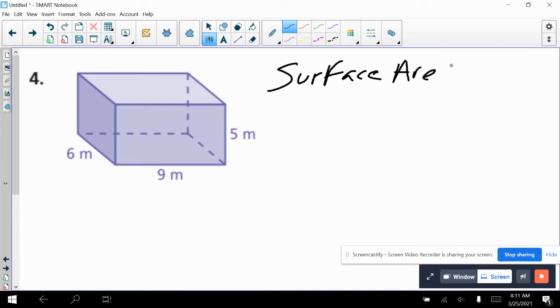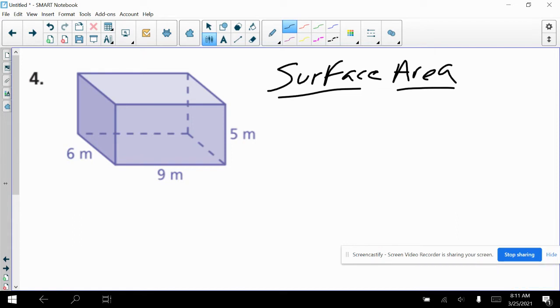We're focusing on surface area. You already know how to find the volume, right? You did that last night for homework. Nobody had any questions, so I'm assuming you did well. That would be simply 6 times 5 times 9, and you got your answer for volume. Make sure that you put the appropriate label, meters cubed.